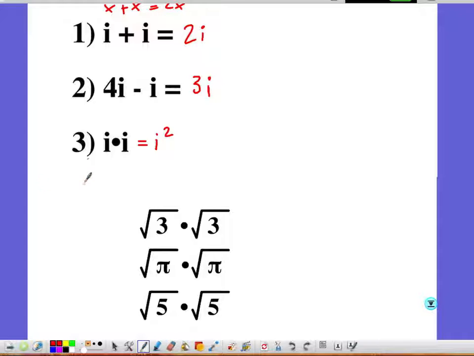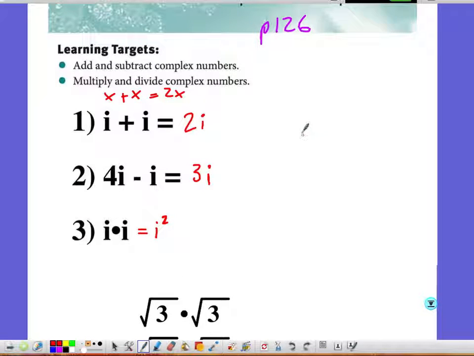But there's something more that we need to know about i squared. Remember, what is the definition of i? i is equal to the square root of -1. And so can't we say that i times i, or i squared, is basically the square root of -1 times the square root of -1?